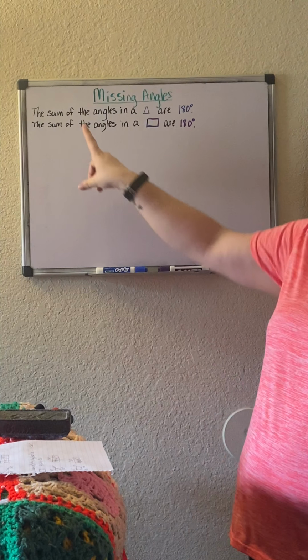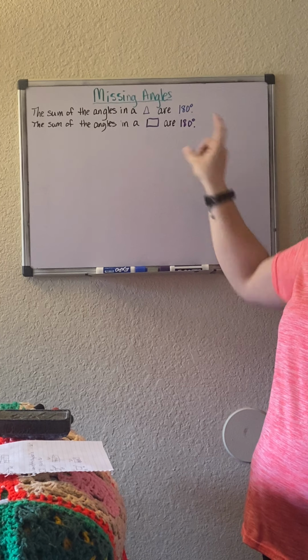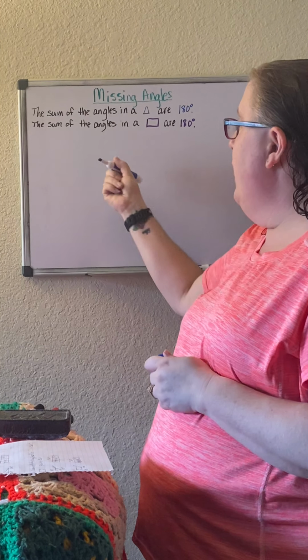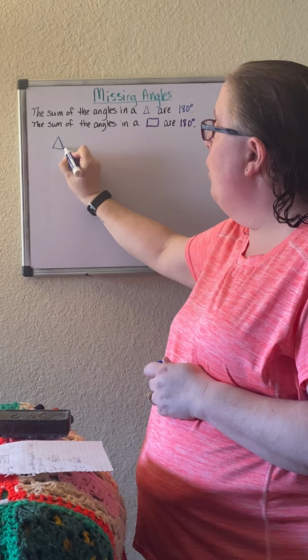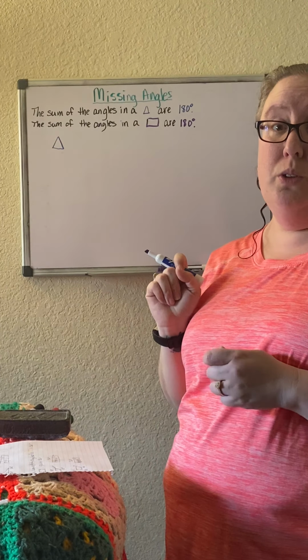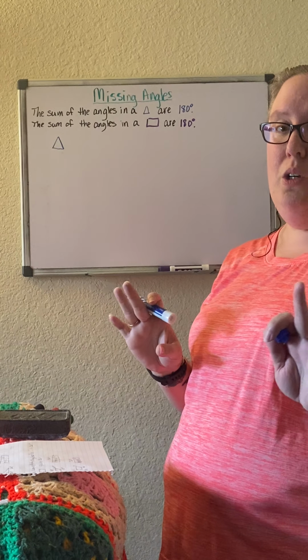Okay, so the sum of the angles in a triangle is 180 degrees. What that means is that when I have a triangle, no matter what kind of triangle it is, we know that there are 6 types of triangles, it doesn't matter which triangle it is, any triangle.